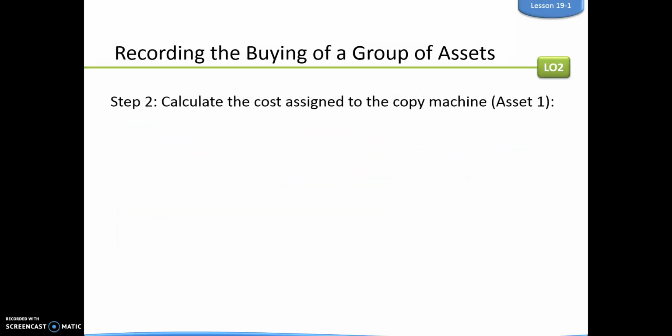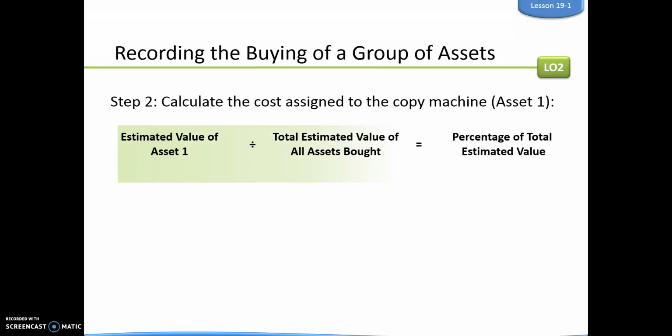Then we go over here to calculating the cost assigned to our copy machine. So we take our estimated value of asset number 1 and we divide it by the total estimated value of all of our assets bought together. So remember, asset number 1 was our copy machine at $7,500. That's what we paid for it.